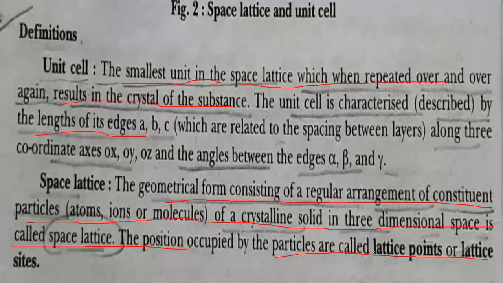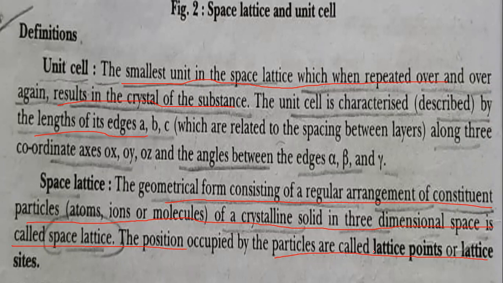Now see the unit cell. As I told you, the smallest unit of a space lattice, which is repeated over and over again and results in a crystal formation, is called a unit cell. Such a large number of unit cells come together to form a space lattice.